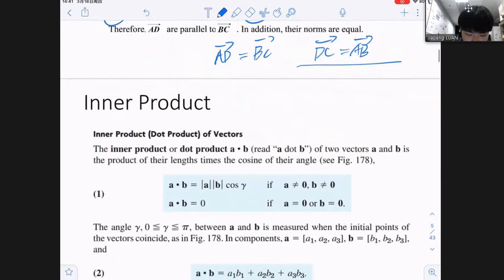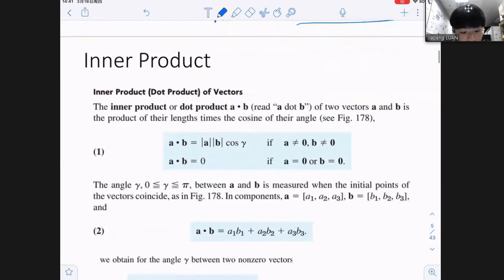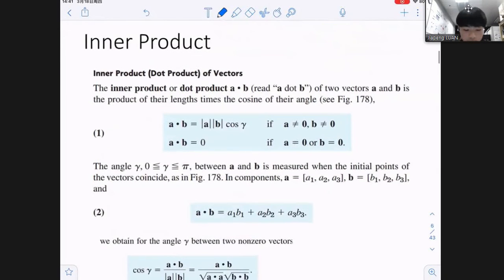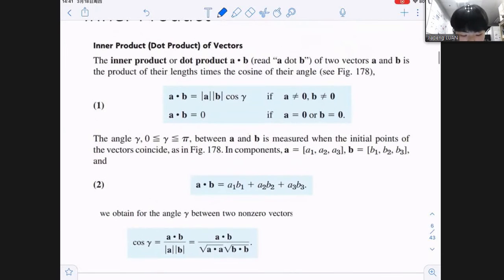And then let's see the inner product, or we can say the dot product.